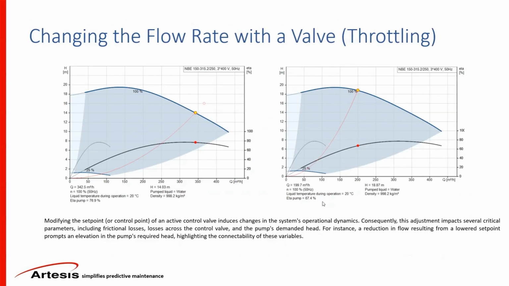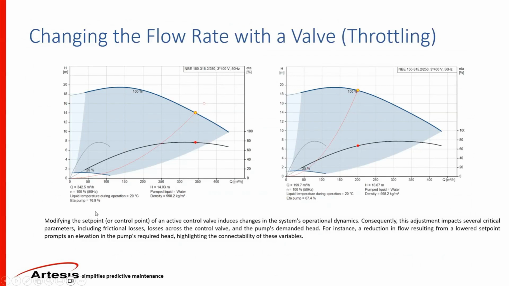So in this example, we will look at what happens when we do the throttling. Okay, so we start off with, again, 342 cubic meters per hour. The head is 14 meters at that point, and the efficiency is actually here. We don't have the power.